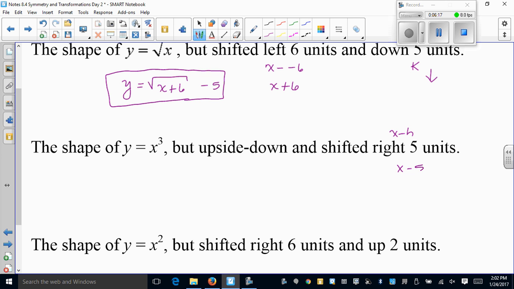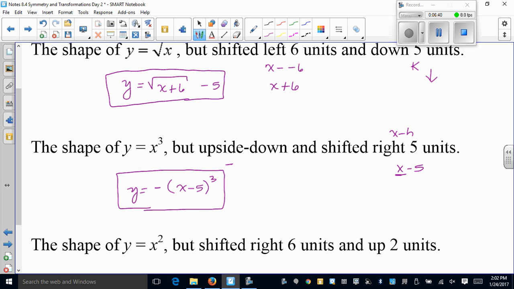And turned upside down, the whole thing is going to be negative. So this is going to be negative, grouped with the x, is the 5, x minus 5 cubed. And there's that one. Now the last one we'll set aside to do in class as well.